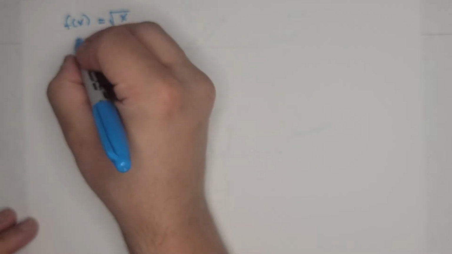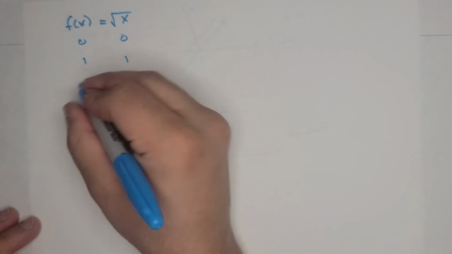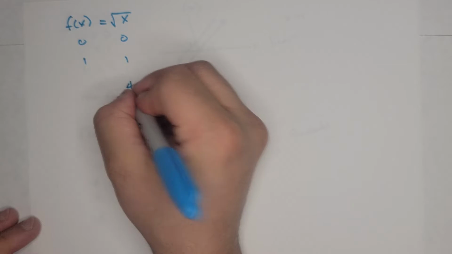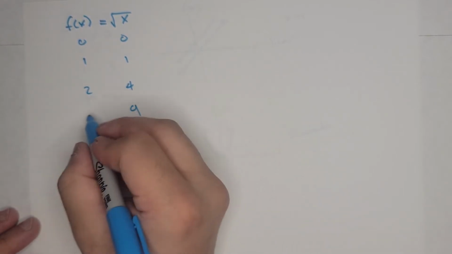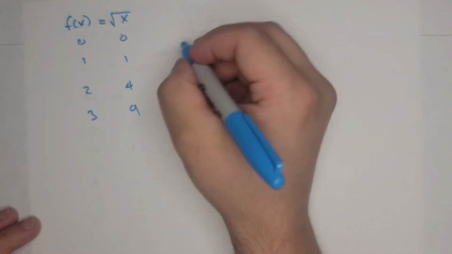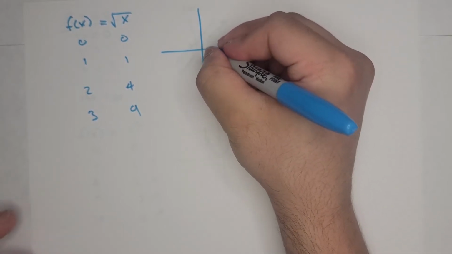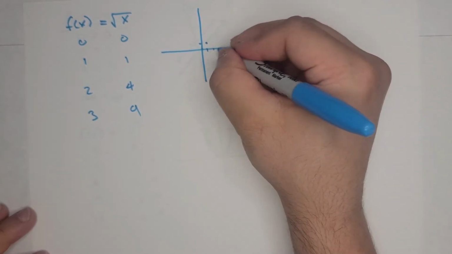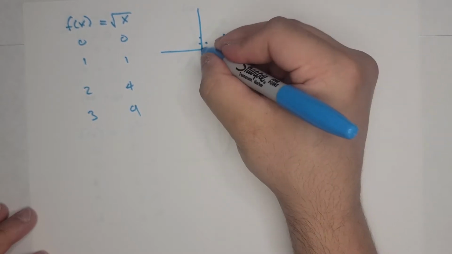Square root of 0 is 0, square root of 1 is 1. I can do 2 as well, but it's going to be a very weird decimal number, so I'll just skip to 4. The square root of 4 is 2. Let's do 9. The square root is 3. So if you were to graph this out, 0, 0, 1, 1, and at 4, you'd get 2.